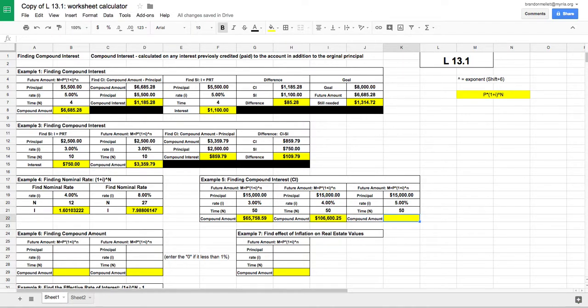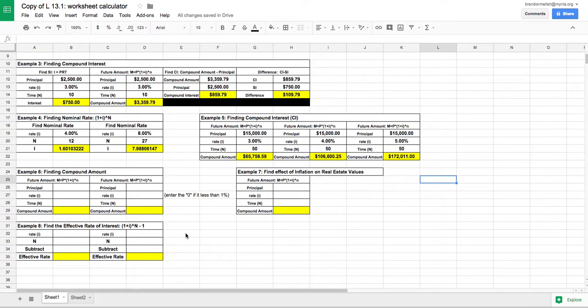And the last one, 15,000 times 1 plus I exponent n. Okay, so there's the three examples of three different amounts. So as you can see, the more the rate goes up, obviously you're going to get more, and the more it compounds, the same thing. All right, moving on to example 6.